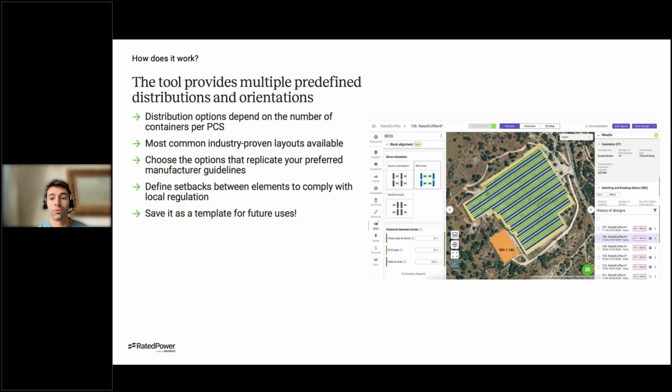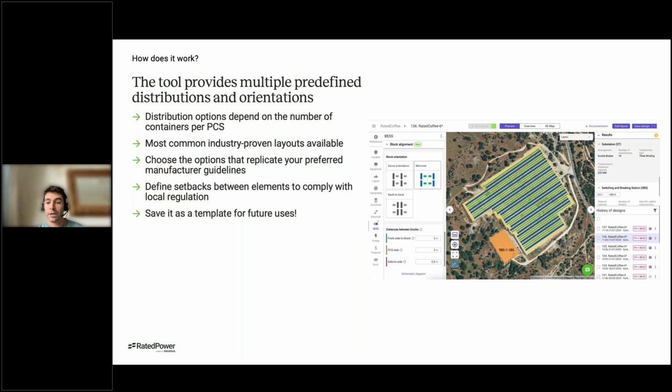These options were defined based on the most common industry-proven layouts available from the top tier manufacturers. You'll also be able to define the setbacks between the different elements, and not only between the elements of a block, but also between the blocks and so on. So you'll be able to comply with everything that manufacturers and local regulation sets.